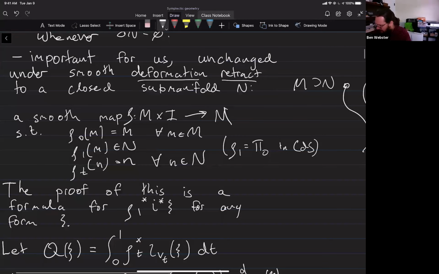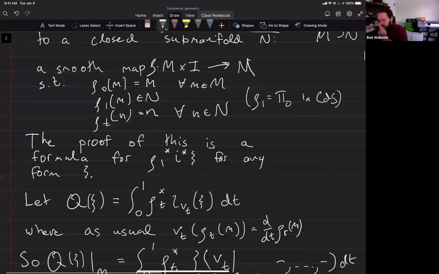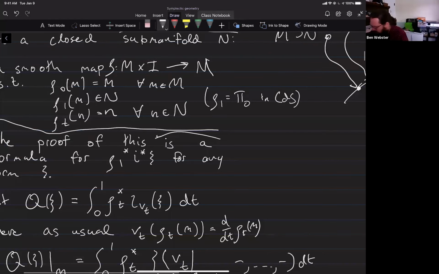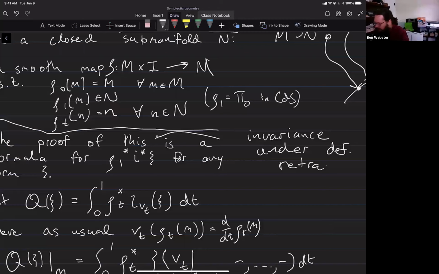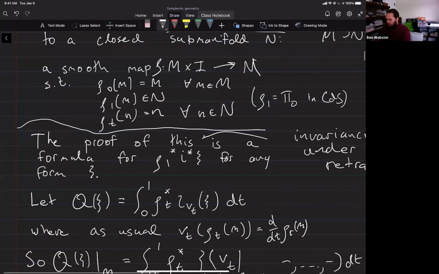All right. And this is going to be a useful thing for us. So let me explain at least a little bit of why this doesn't change de Rham cohomology. By the proof of this, I mean invariance under deformation retract. If I have a form on my ambient space, I can pull it back to N, and then I can pull it back by this map rho 1.